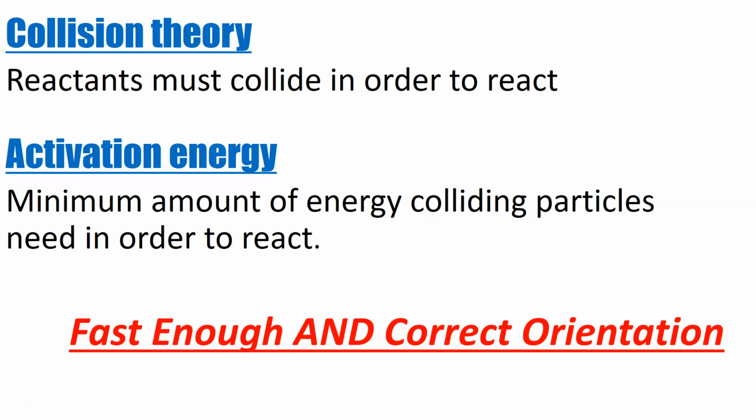There are ways you can speed up your reaction. You will either be changing how things collide, or you will be trying to lower this activation energy requirement, right? So let's look at those ways we can achieve those goals.